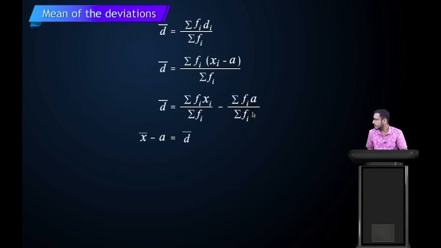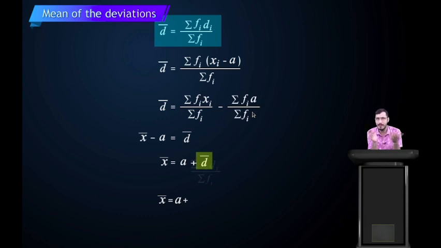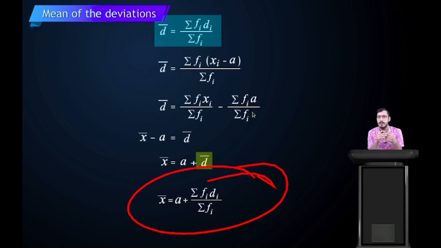So here we can write x bar minus a is equal to d bar, the formula of deviation. So x bar is equal to a plus d bar, and we can write x bar is equal to a plus sigma fi di divided by sigma fi. That is the basic formula for the mean in the assumed mean method: x bar is equal to a plus sigma fd upon sigma f.